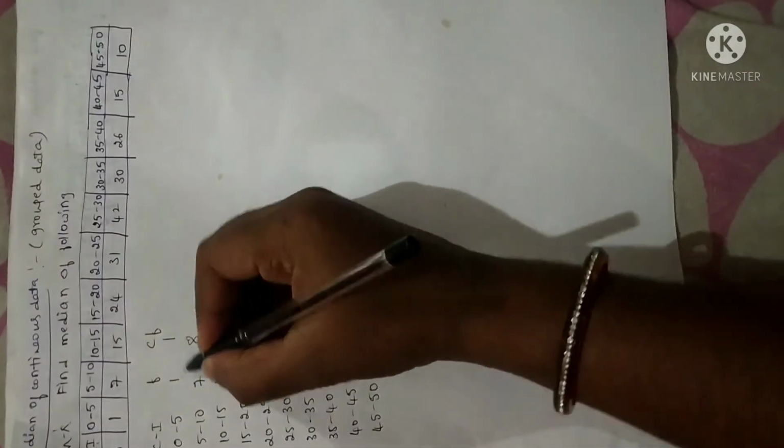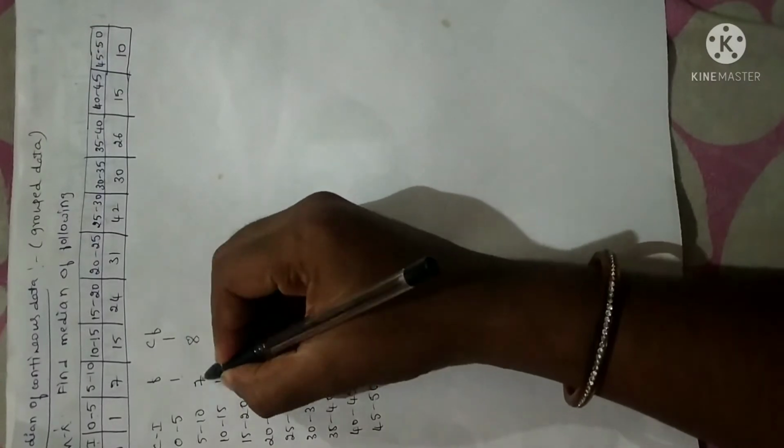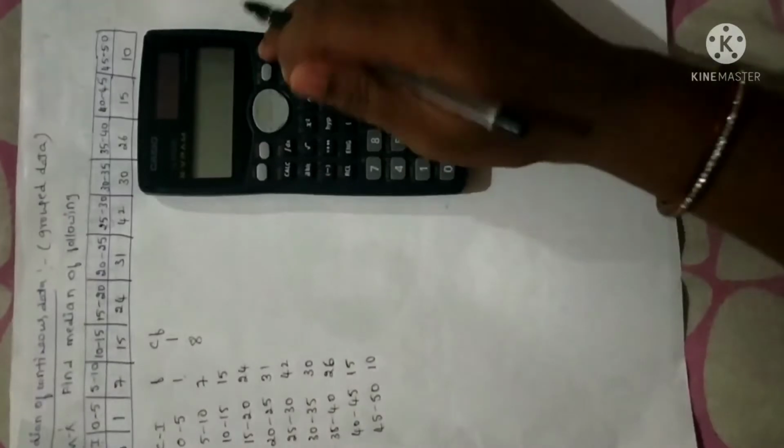To find cumulative frequency, write down 1 as it is, the first term. Now add 7 plus 1, 8. Again, add 8 with 15, you will get 23.